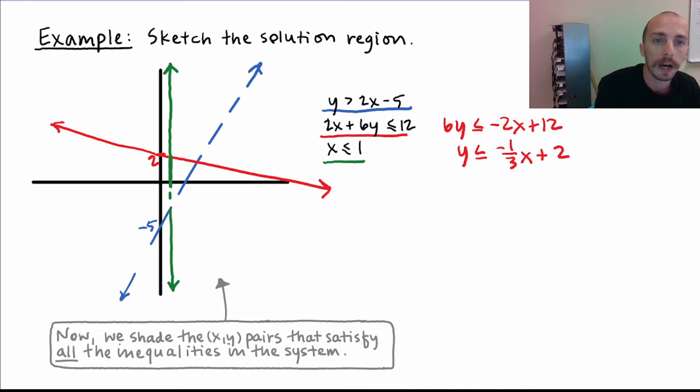I'm to the left of that green line. If y is less than or equal to negative 1/3 x plus 2, I am beneath the red line. And if y is greater than 2x minus 5, then I'm going to be above the blue line.